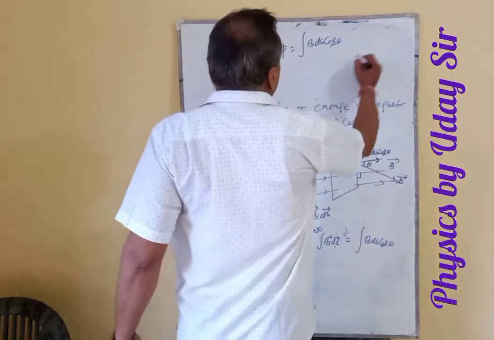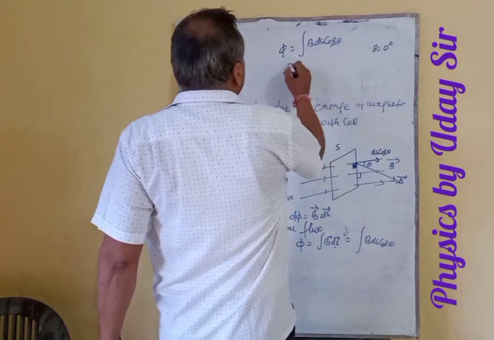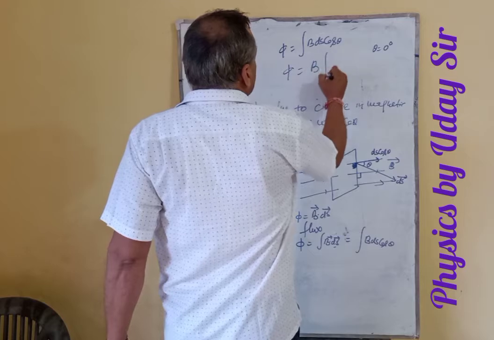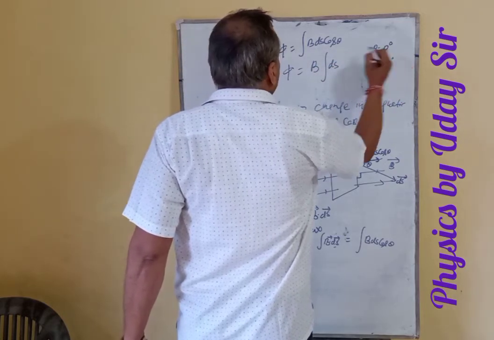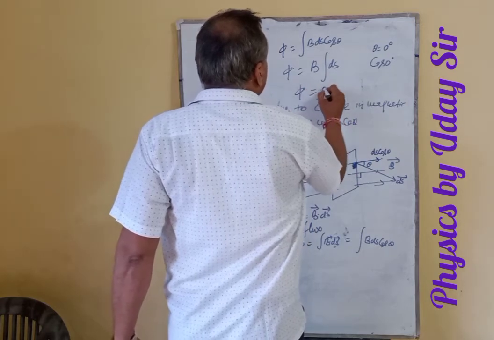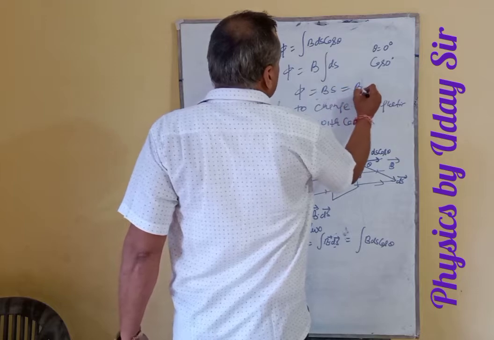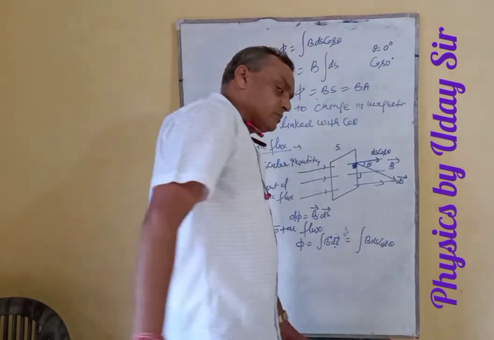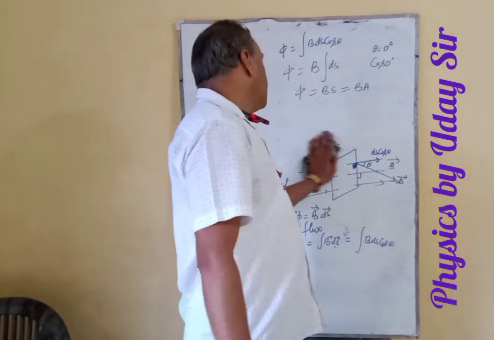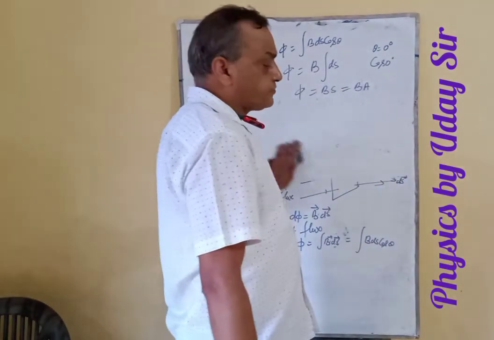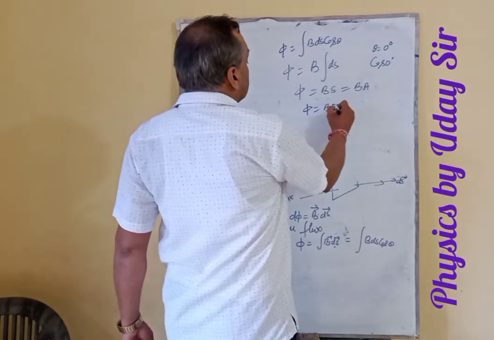Suppose theta is 0 degree, so phi is equal to B S cos 0. You know that cos 0 is equal to 1. So we can write BS, or BA also. So the formula is phi is equal to BA.